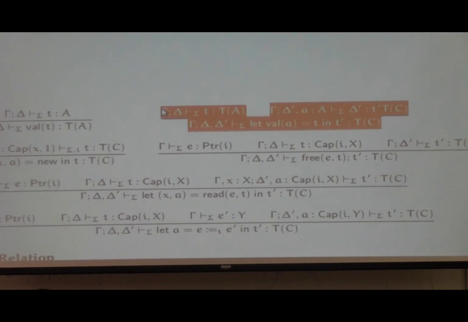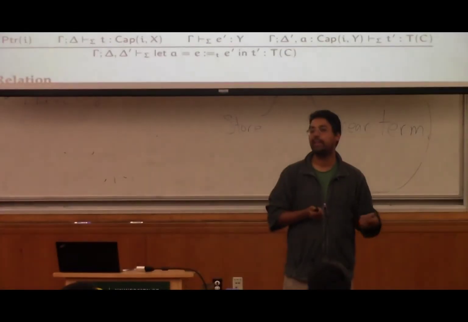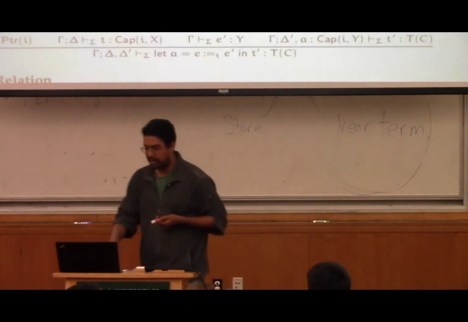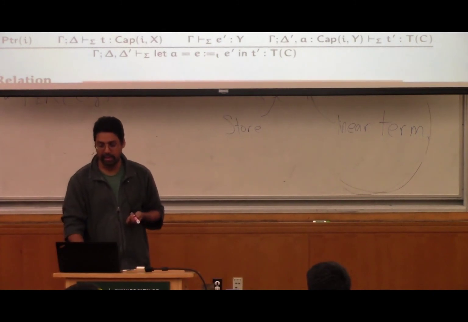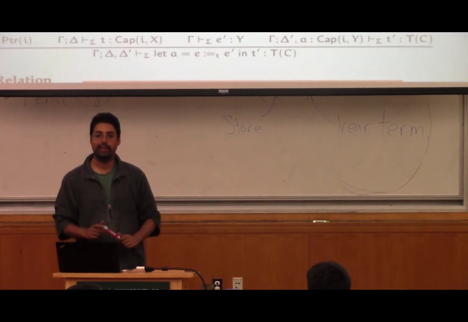What's going on is we want to evaluate t first and then continue evaluating t prime. And t prime can refer to those other values in delta prime. So in order for this typing rule to be sound, we need to know that evaluating t will not perform any modifications which change delta prime.